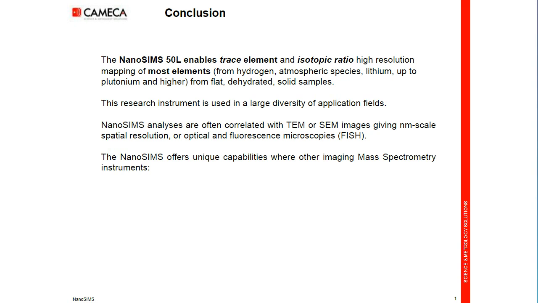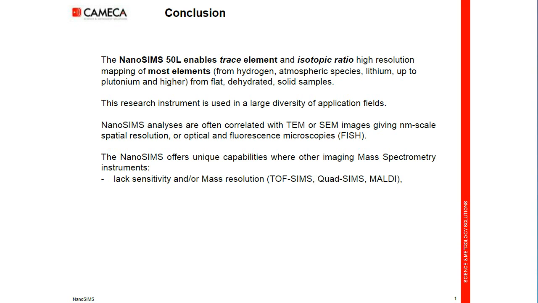The NanoSIMS offers unique capabilities where other imaging mass spectrometry instruments lack sensitivity and/or mass resolving power. For example, in time-of-flight SIMS, you miss sensitivity, you miss mass resolving power. Quad SIMS, you miss resolving power.